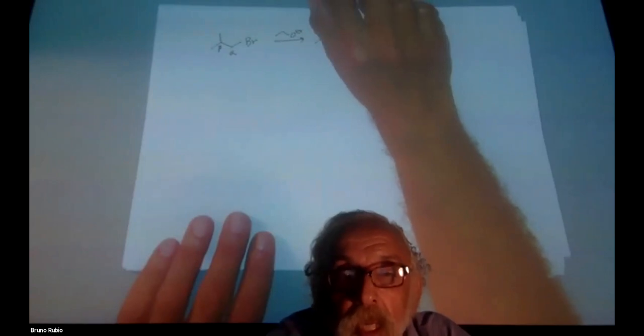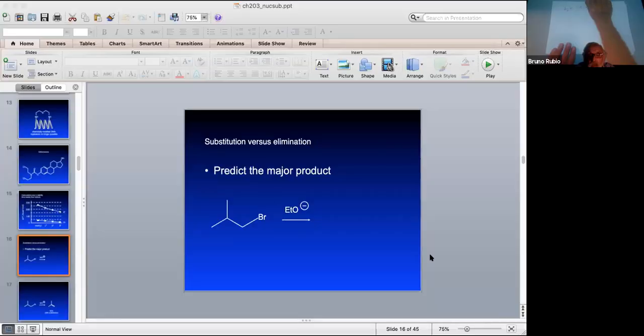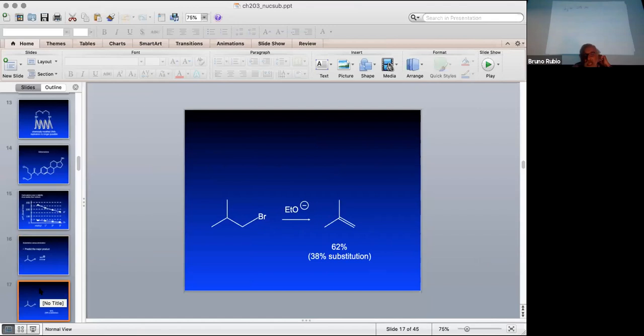All right, so let's take this into the lab and let's see what we got. Yep, 62% elimination. We did get some substitution, 38%, but the major product was an elimination product.